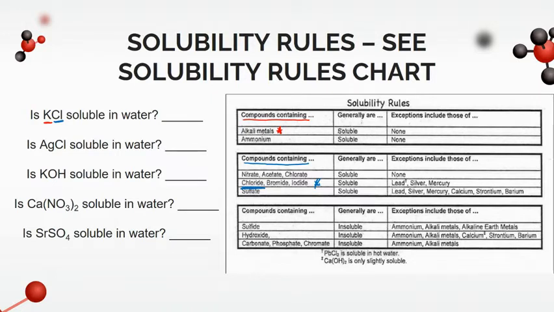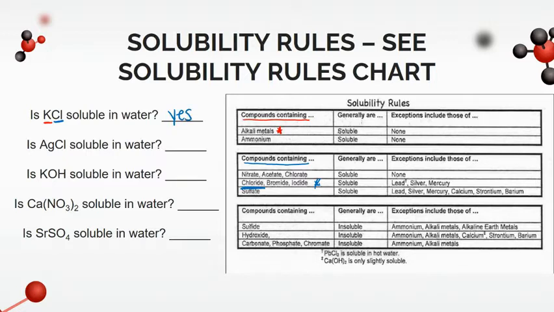So the question is, is potassium chloride soluble in water? Let's look at the rules for alkali metals. Alkali metals generally are soluble with no exceptions. So is potassium soluble in water? Yes, because potassium chloride contains potassium.